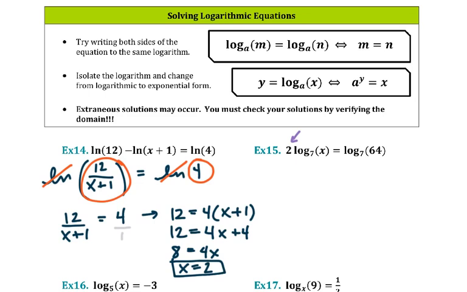But if I use my power rule, that's going to give me log base 7 of x squared equals log base 7 of 64. And at this point, since I have one log base 7 on the left and one log base 7 on the right, I can drop the logs and let those arguments be equal to each other.